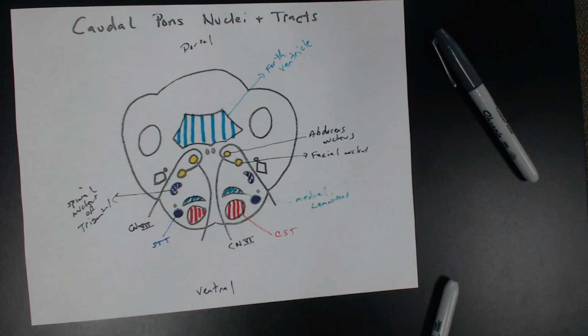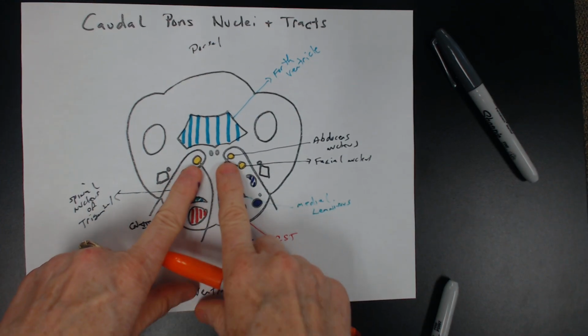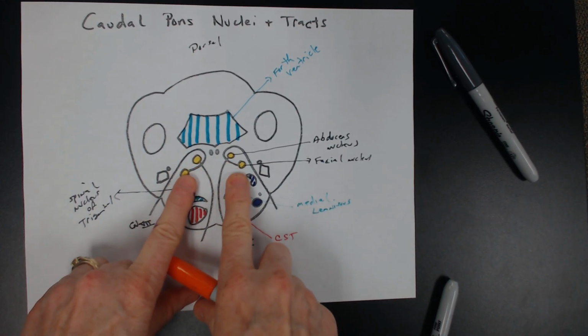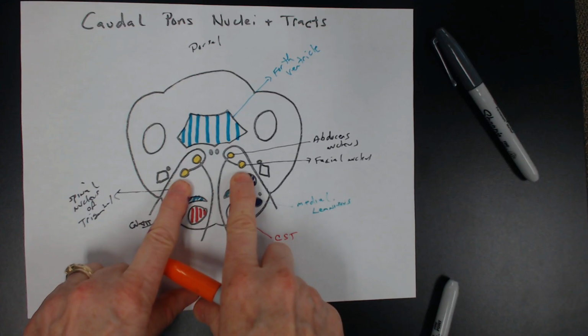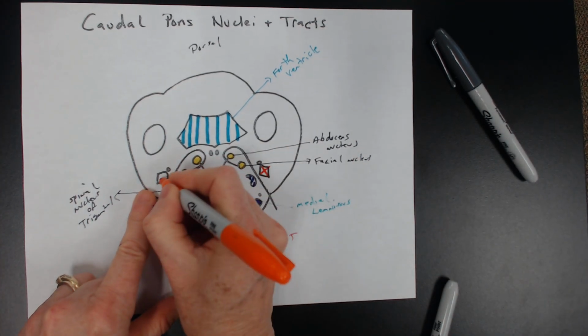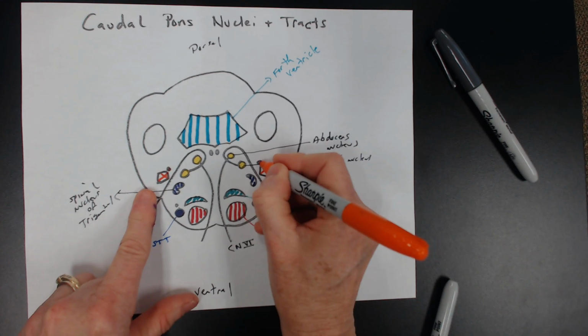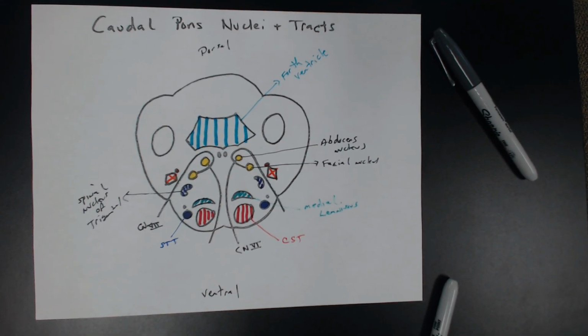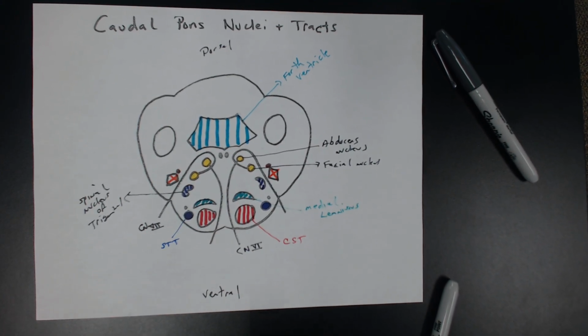And then thinking about, we have cranial nerve number 6, abducens nucleus, cranial nerve number 7, facial nucleus. Moving laterally, next one in order is cranial nerve number 8, my little kite. Alright, so the kite's going to be my vestibular nucleus.